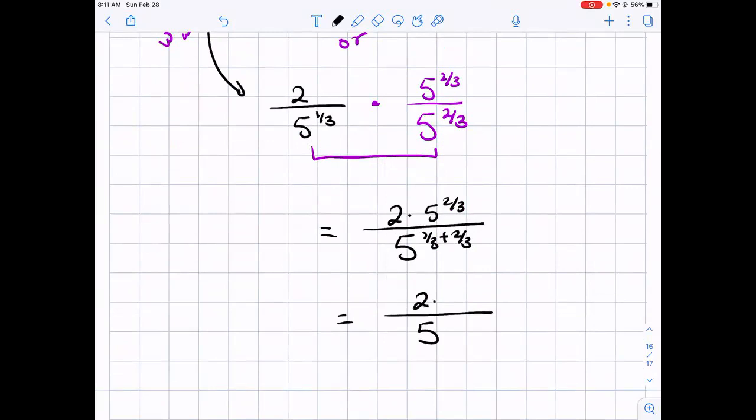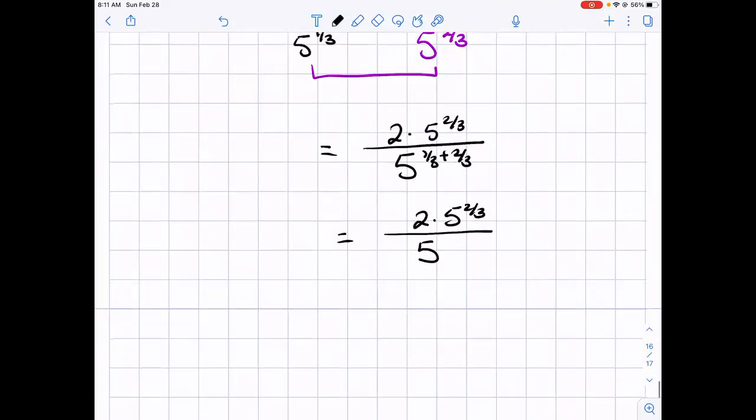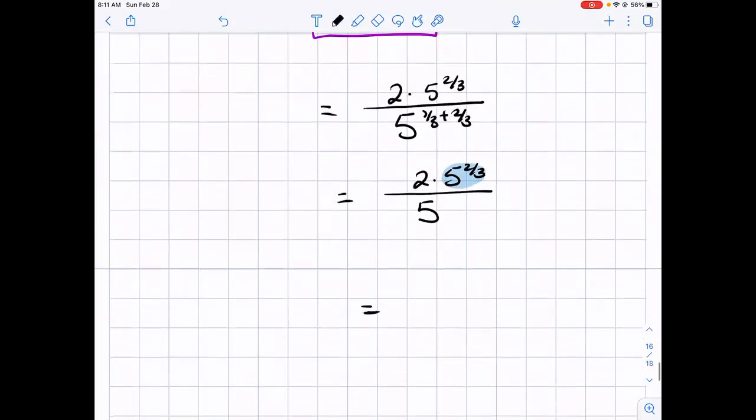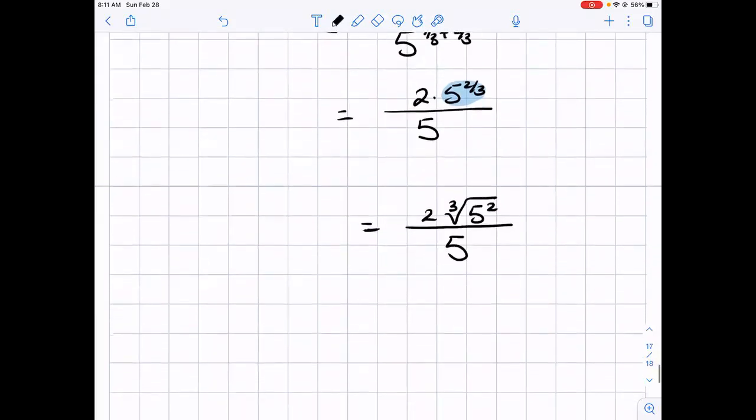In the numerator, we have 2 times 5 to the 2/3 power, which is the cube root of 5 squared. 5 squared we know is 25, so this becomes 2 times the cube root of 25 over 5.